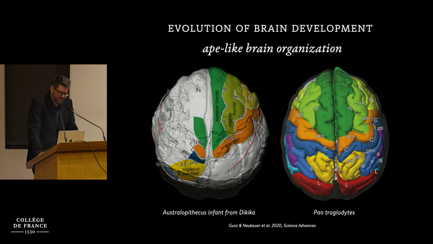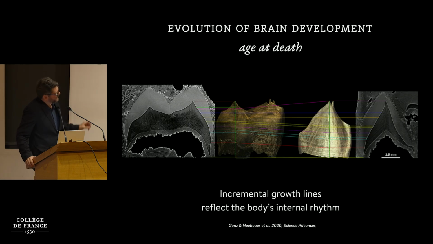So what we also wanted to know is how old exactly was this individual when it died. My colleagues, Paul Tafforeau and Adeline Le Cabec, were able to use synchrotron images of the dentition to count the daily growth lines that you can see in the teeth, which is really amazing.